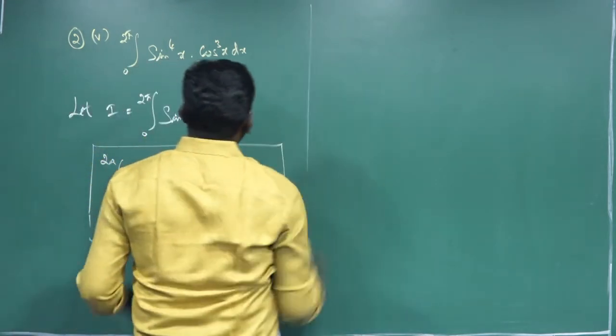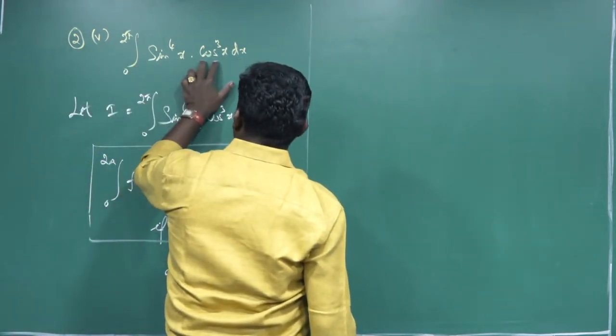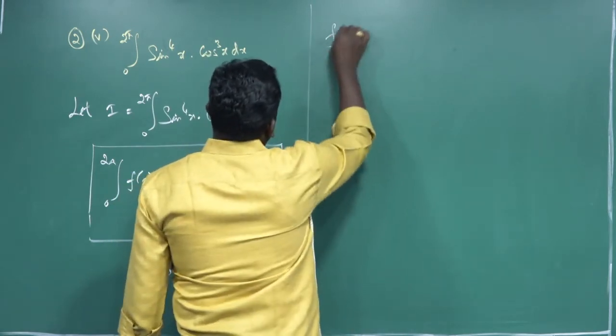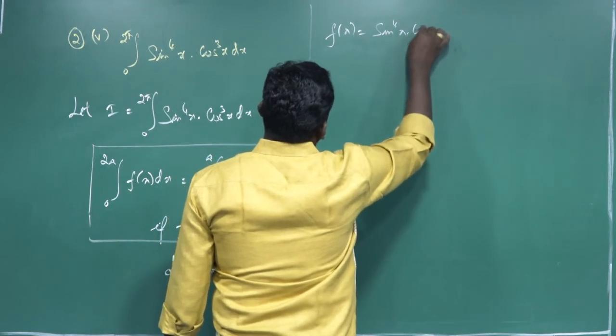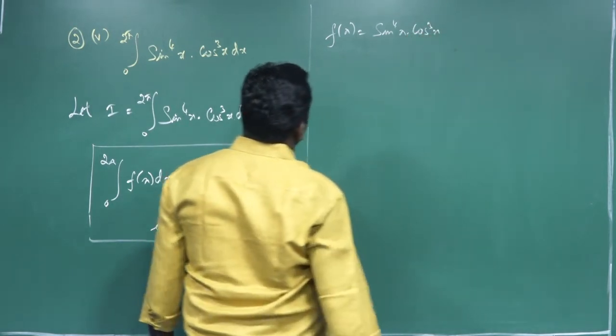Therefore what is the function here? Sin power 4x into cos power 3x is the function. Therefore f of x equals sin power 4x into cos power 3x.